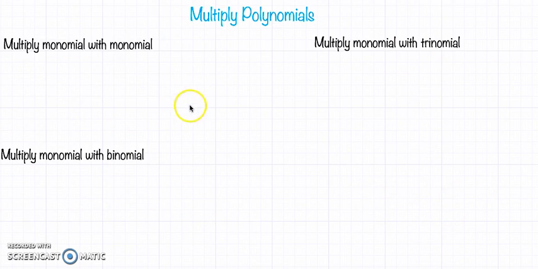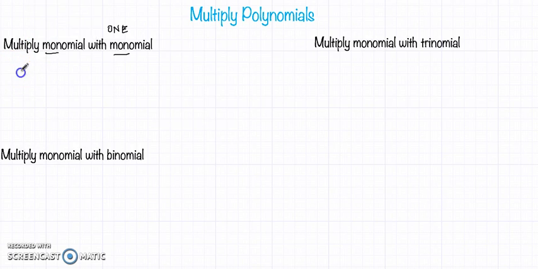So let's see how we can multiply polynomials now. The first case, multiply a monomial with a monomial. A monomial is a polynomial with one term. That's all it means. I'll explain with an example.